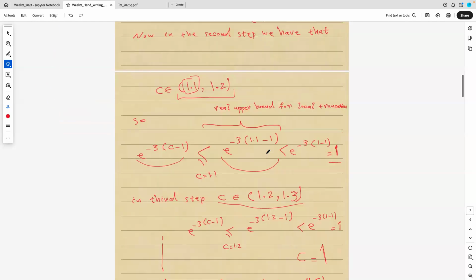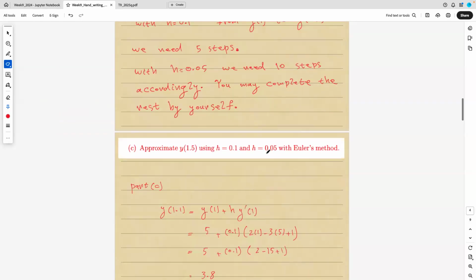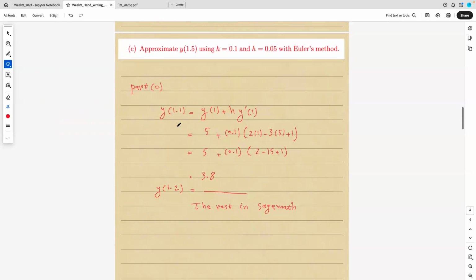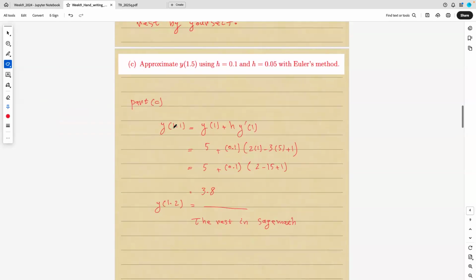All right, so now we can move to part C. It says calculate y of 1.5 using the shown step size using Euler's method. Here, let's review the first step. So we can obtain y of 1.1 equal to y of 1 plus h times y prime 1.